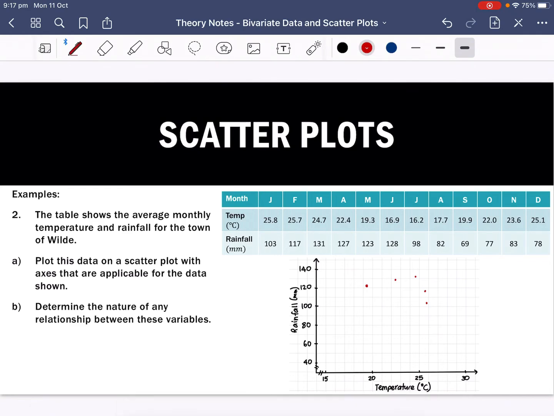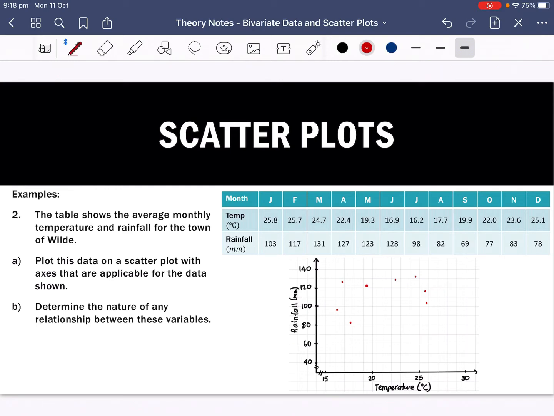So then we have 16.9 and 128, roughly there. We then have 16.2 and 98. We then have 17.7 and 82.